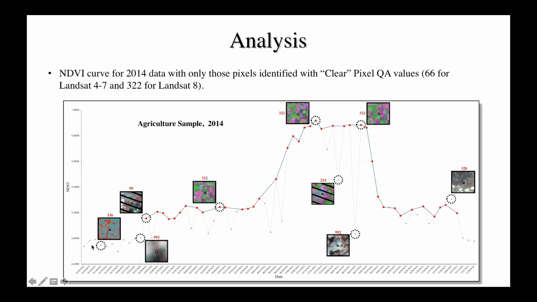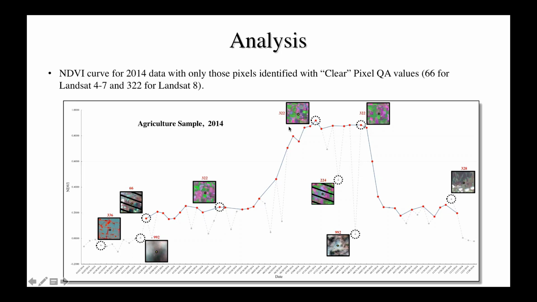I don't know if you can see my mouse or not, moving around. So this first image is snow covered. I dropped that one. The second one is cloud covered. I dropped that one. The third one is a Landsat 7 SLC off data set. I kept that one. That had a quality assurance value of 66. And then this next example is 322.